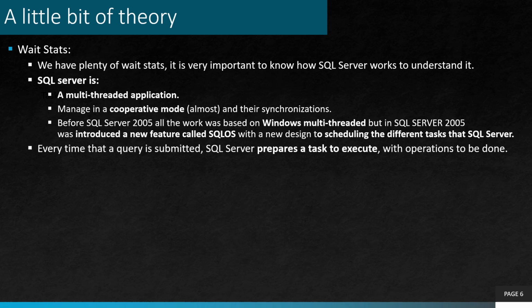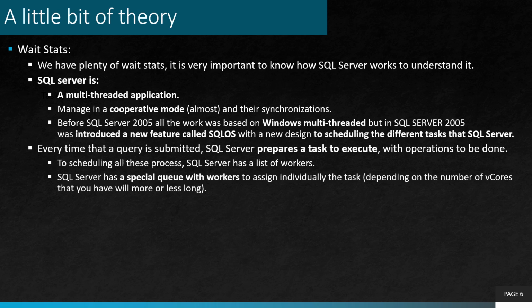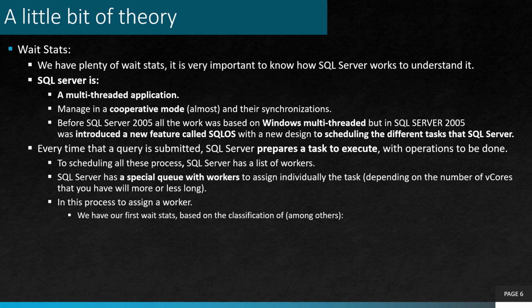So every time that a query is submitted, SQL Server needs to prepare a task to execute with operations to be done. For that reason, in order to execute all these processes, SQL Server has at least one thing called workers. SQL Server has a special queue of workers depending on the number of vCores that you have in order to run this process.